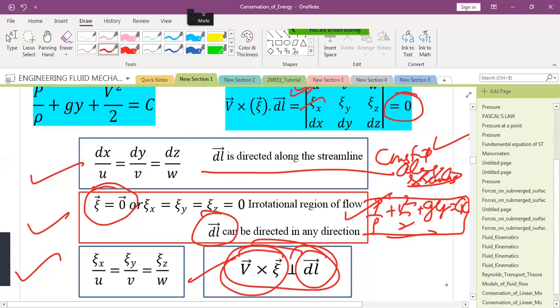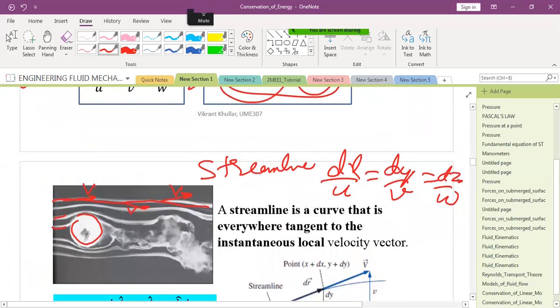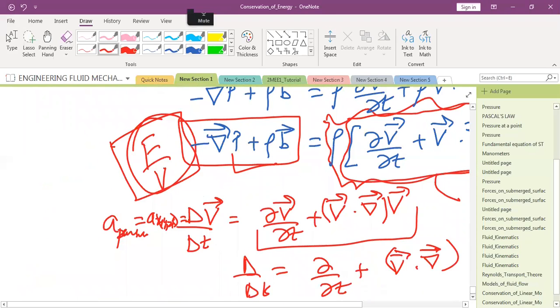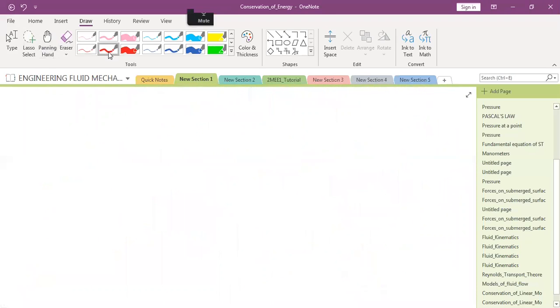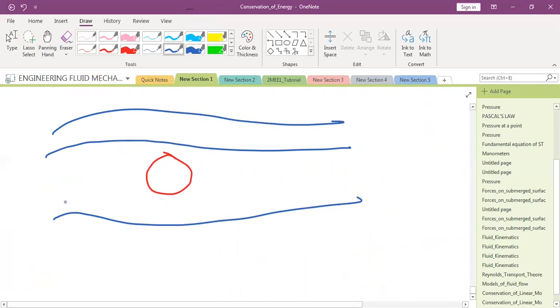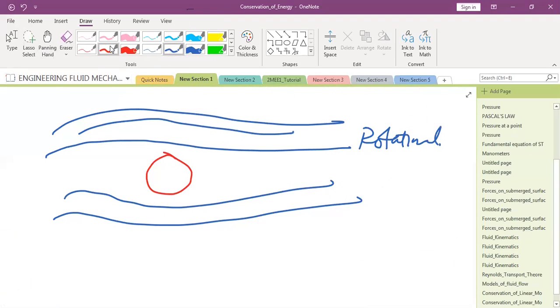So please remember, if you have now one last point, then I will break for today. Now I am asking you a question. So this was the object. This was the flow around this object. So this flow was rotational.